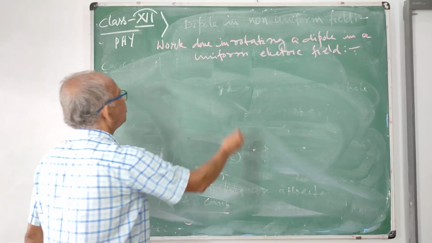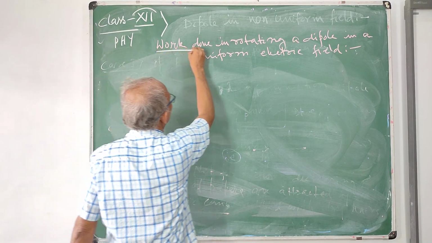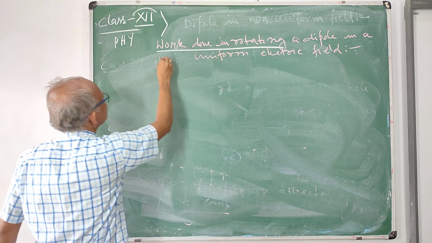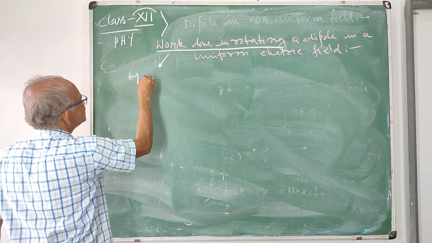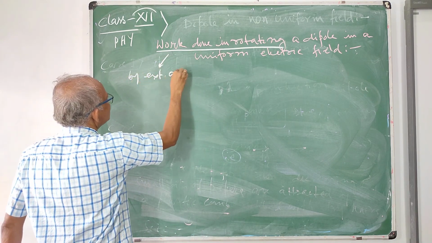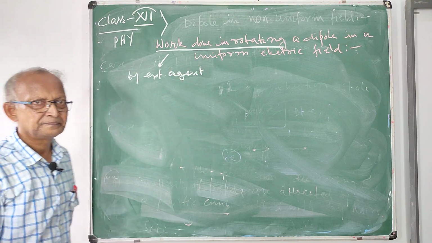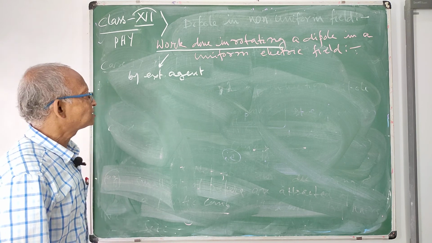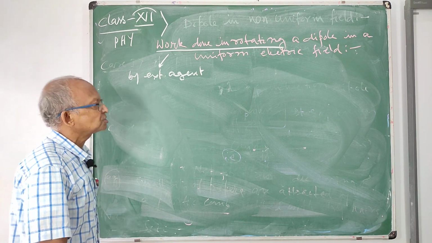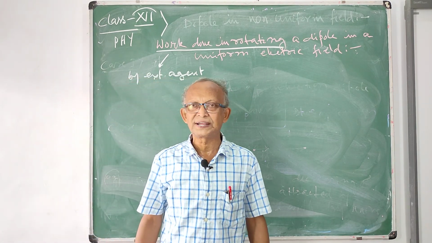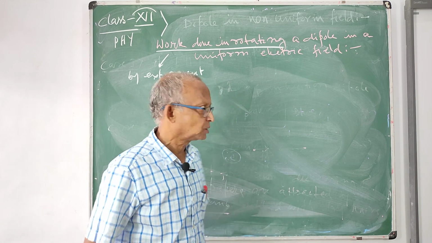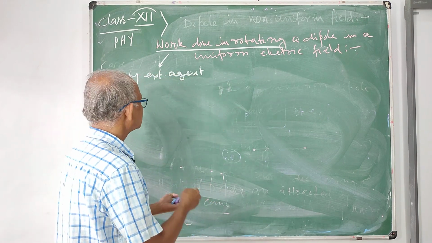So here, work done in rotating means it is by an external agent. So this is the matter: work done by an external agent in rotating a dipole in a uniform electric field. Okay? Now try to get the result.